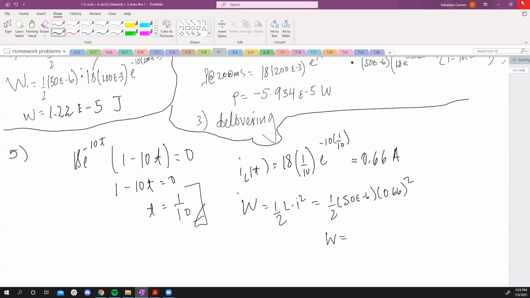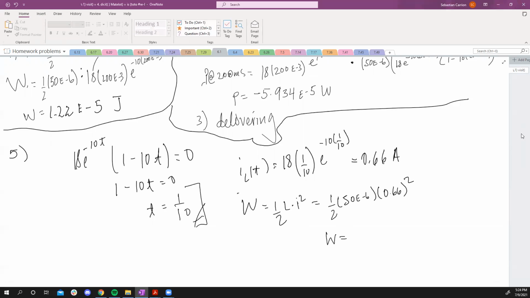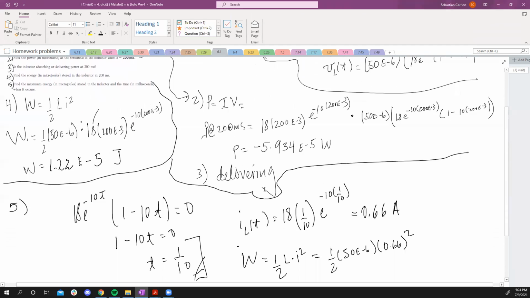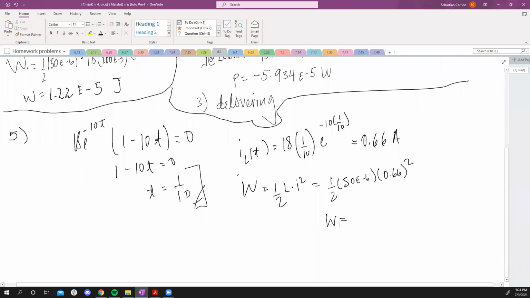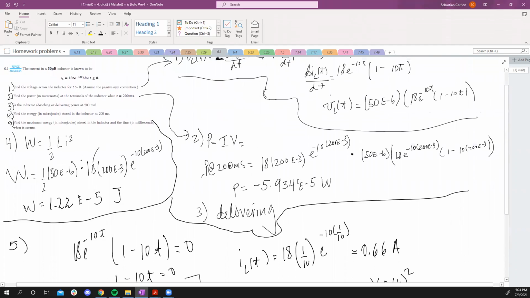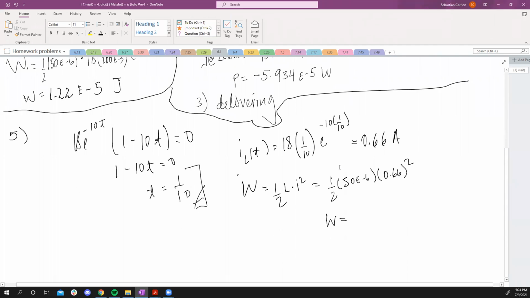And this will tell us the maximum energy the inductor will store during the frame of time when t is greater than 0.